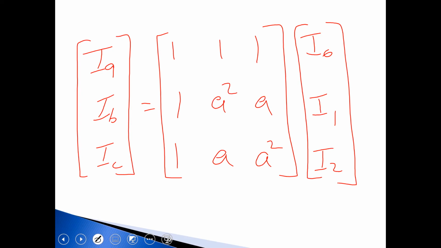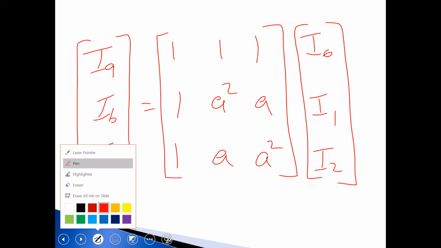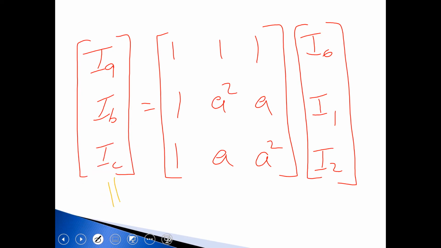The values you calculate here, and I'm leaving you to calculate this one, would be the per unit currents because the network that you have is in per unit. Everybody comfortable with that? Any questions? All right, good.